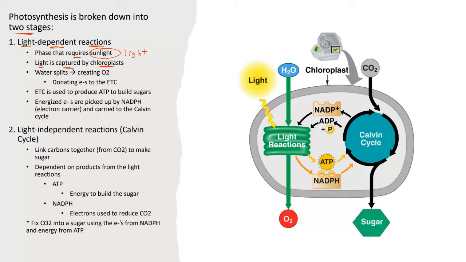Okay, water, I told you water is going to play a very important role. Water is going to donate electrons. That's what water does. Okay, how does it happen? Water is going to split, giving up electrons, giving up protons, and making one of the products, oxygen. Oxygen is going to be a byproduct.